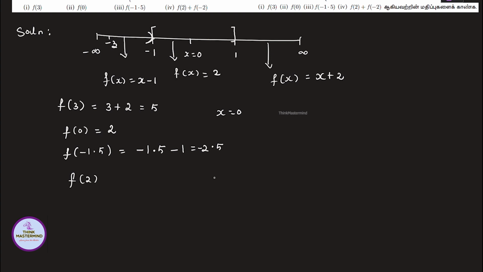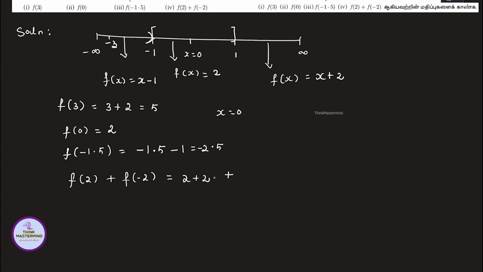Next, fourth one, find f of 2 plus f of minus 2. F of 2 is a positive value. It lies in the interval 1 to infinity. Therefore, f of 2 is 2 plus 2, plus f of minus 2. Minus 2 lies between minus 3 and minus 1.